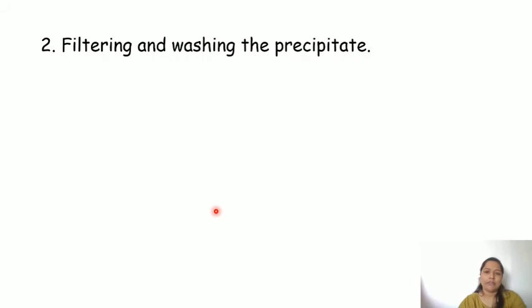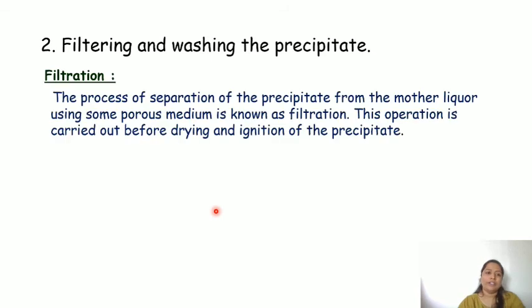Okay, let us see the next point, that is filtering and washing the precipitate. We know what filtration is. It is the process of separation of the precipitate from the mother liquor using some porous medium, that is, filter paper. Here in filtration we separate the precipitate from its mother liquor by using some porous medium. This operation is carried out before drying and ignition of the precipitate.